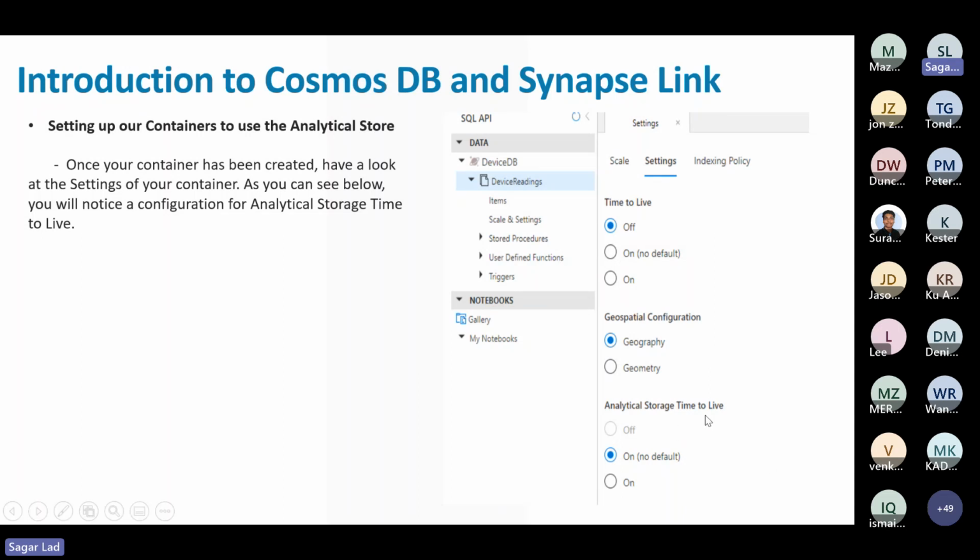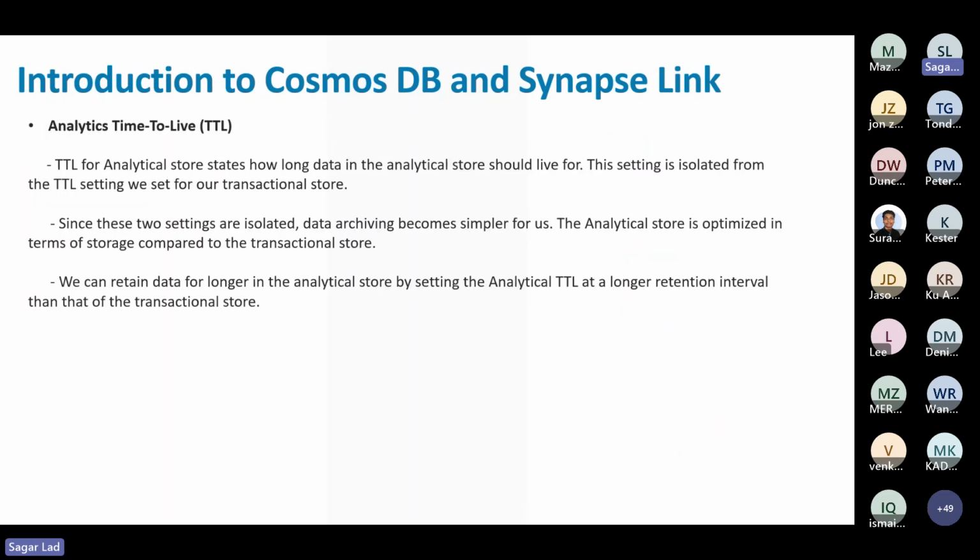And the analytical storage time to live: when we are storing or processing data, we create some temporary data during the processing. Until what time you want to maintain this data in the analytical store, we can configure in this setting.